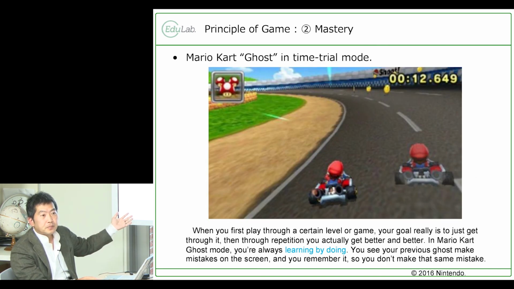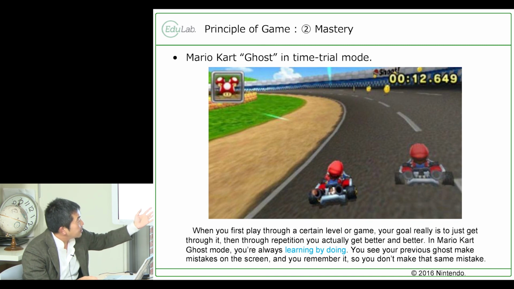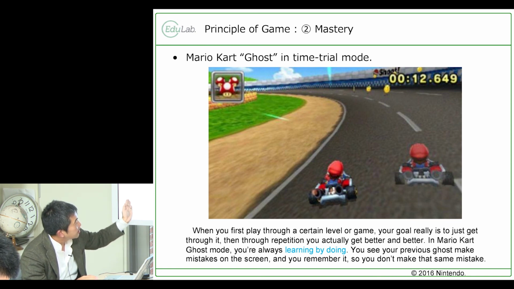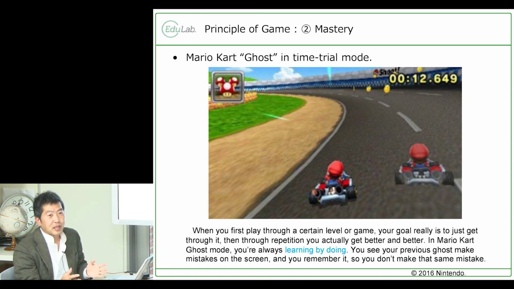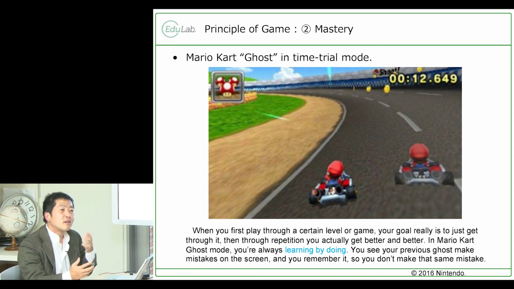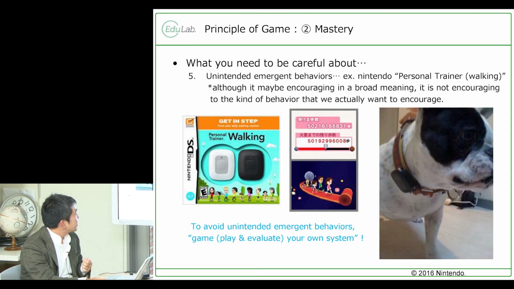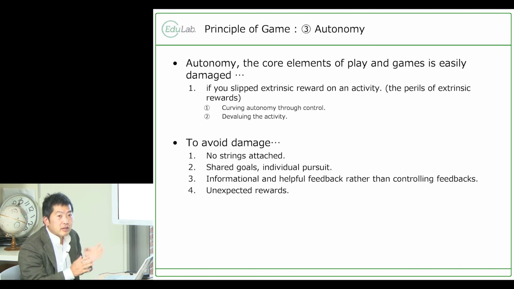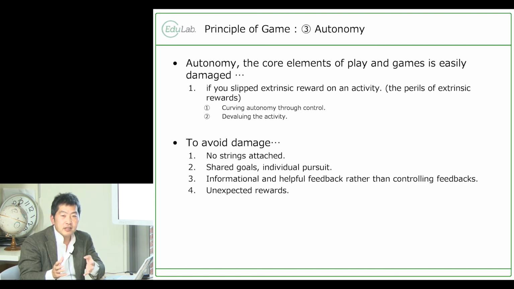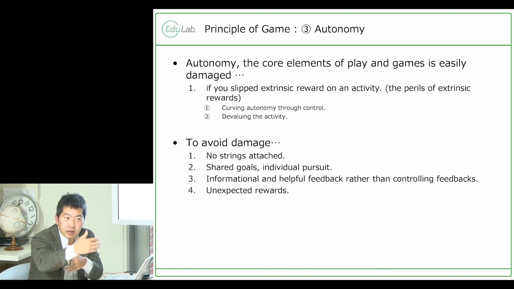A great example: it's not saying you did not turn left at a 60 degree diagonal here, that's why you didn't make the best route. You're learning from doing and learning from your past. This is helpful feedback where there is still room for the audience to solve the puzzle with a higher probability.